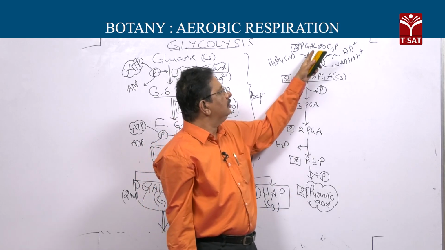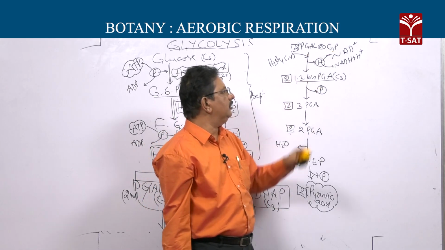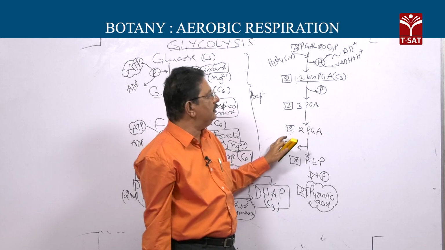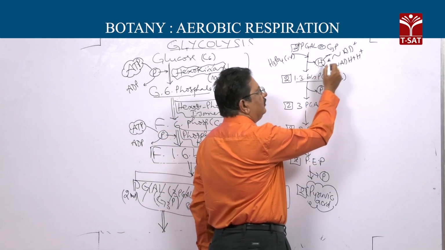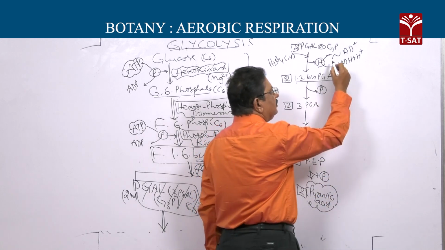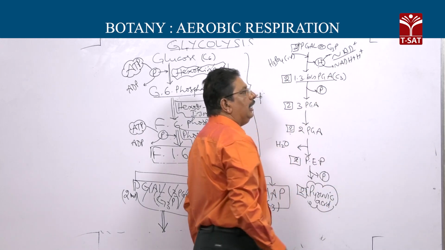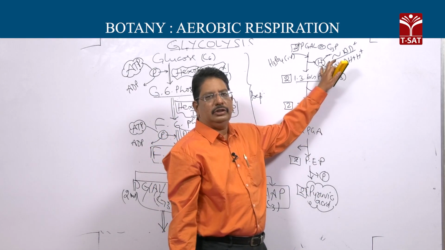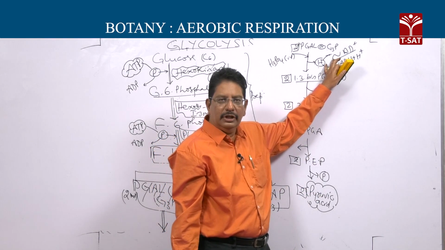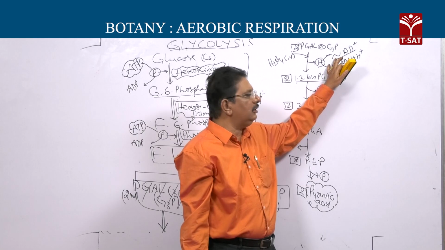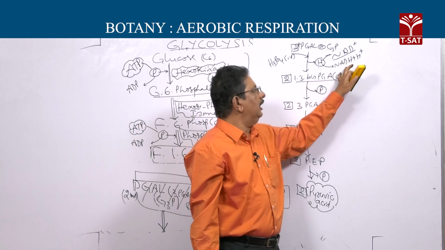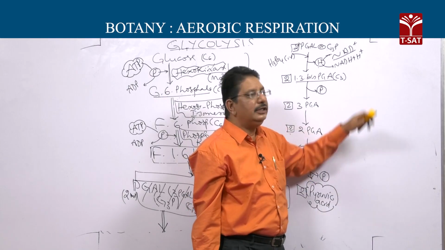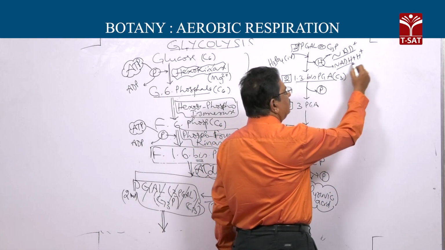That is when G3P is converted into 1,3-bisPGA, there is an oxidation, and these hydrogen atoms are taken by NAD plus, nicotinamide adenine dinucleotide, which is an important coenzyme. It acts as a hydrogen acceptor and is reduced into NADH plus H plus.